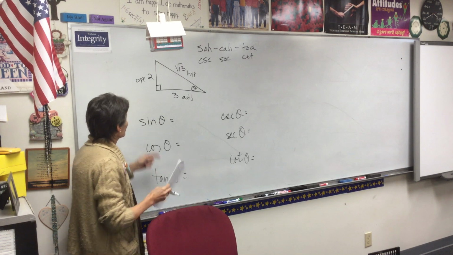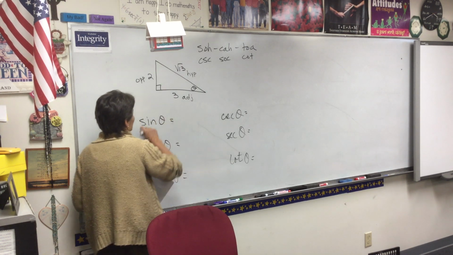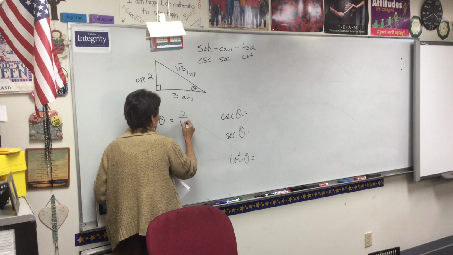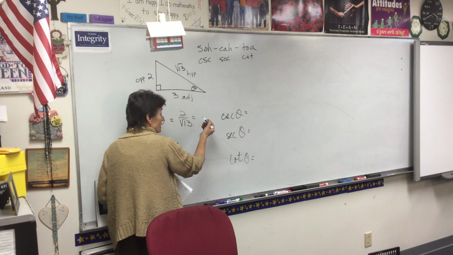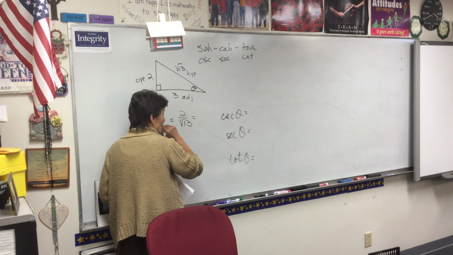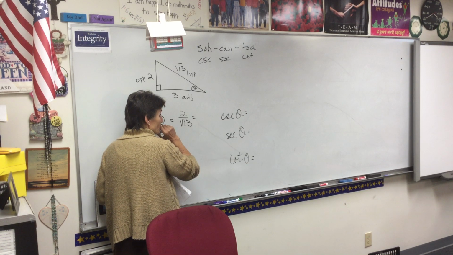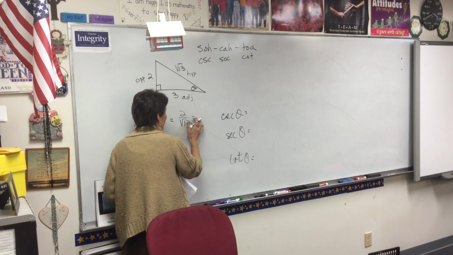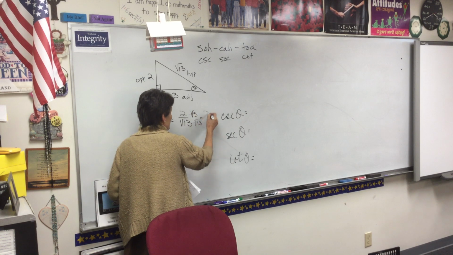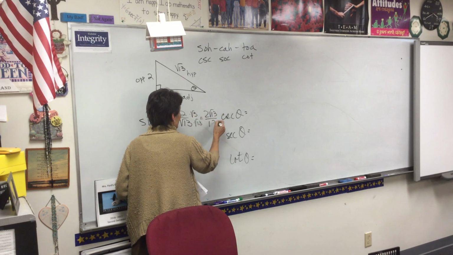SOHCAHTOA. So what will the sine be? 2 over root 13, which, remember how we rationalize that? How do you get rid of the radical on the bottom? We don't square it. We multiply the top and bottom by root 13. So we end up with 2 root 13 over 13.